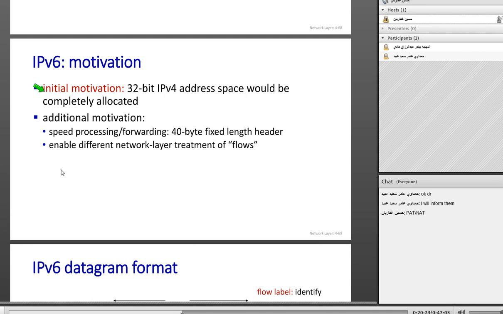But there are some other issues too, some other advantages or motivations to move toward IP version 6. For example, if you look at the header of IP version 4, you can see there are several fields in the header.